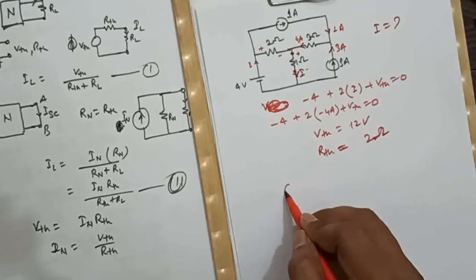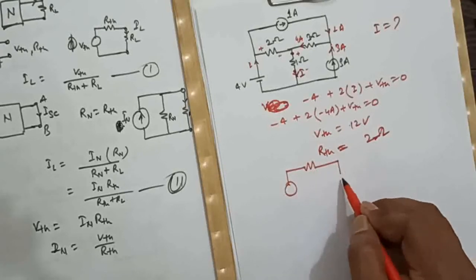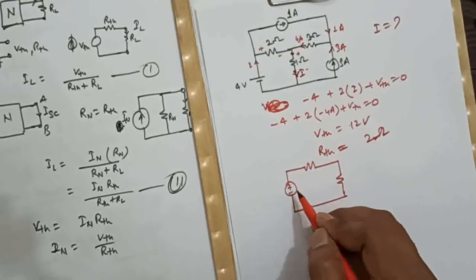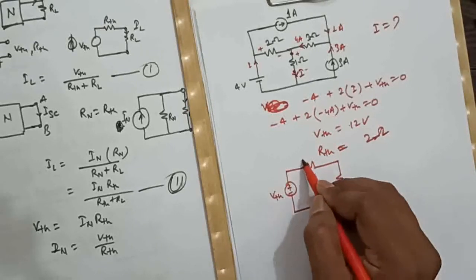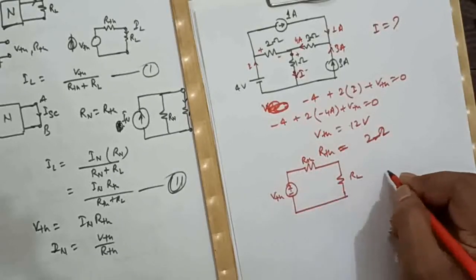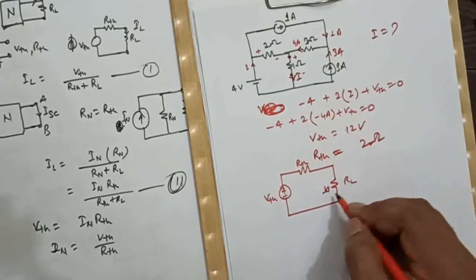Now next step is what? Drawing the equivalent circuit. What is the equivalent circuit? Thevenin equivalent circuit, VTH in series with RTH, and this is same as RL, right? So this value, this is 1 ohm.